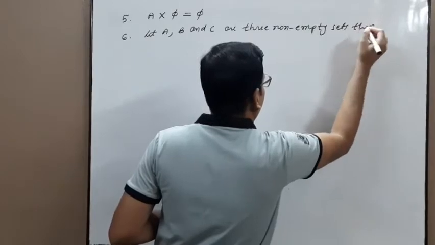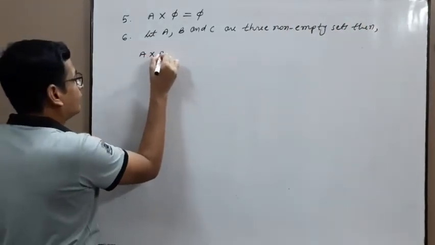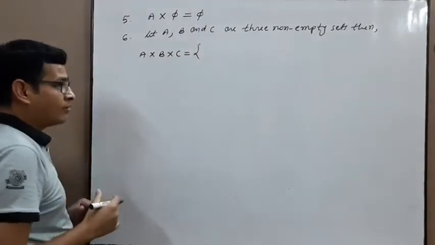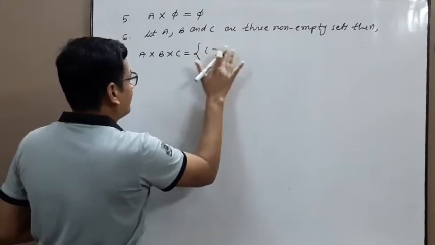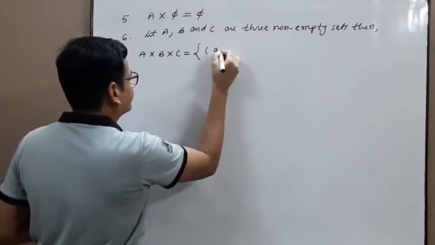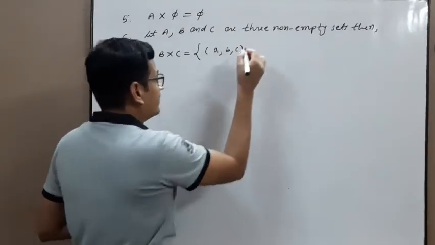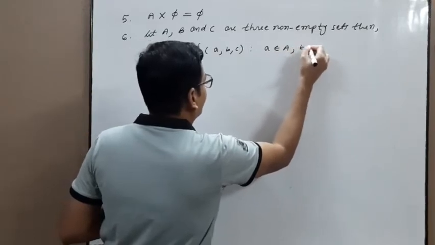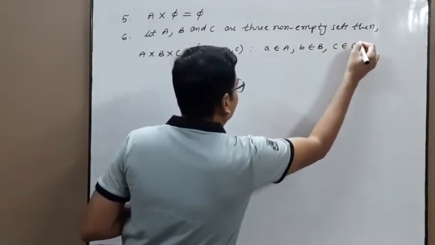Then A cross B cross C is a set of ordered triplets (a, b, c) such that a belongs to set A, b belongs to set B, c belongs to set C.